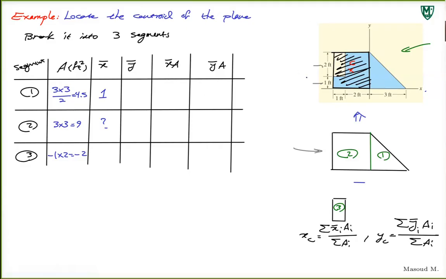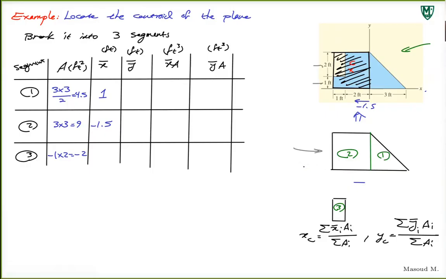But negative, don't forget that. It's on this side, so negative 1.5 in this coordinate system. The unit for this is foot, and this is foot cubed. All right.